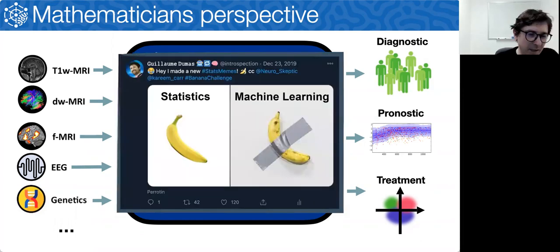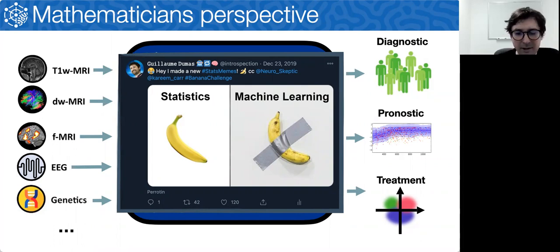Like I was making on Twitter this metaphor with this contemporary artist that was duct taping bananas in a contemporary art fair in Miami, and calling that contemporary art. For mathematicians and statisticians, machine learning is just advanced statistics, but it's still statistics.